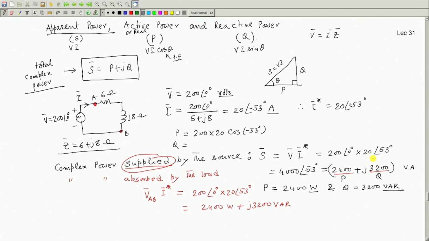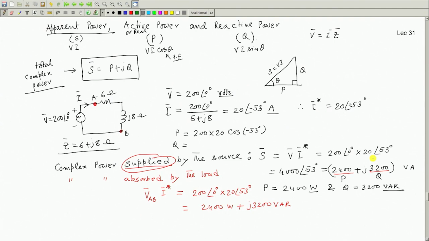Similarly, reactive power absorbed by the load has to be this one. Now, what I am telling is the sign of the reactive power for a lagging power factor load or inductive circuit is positive.